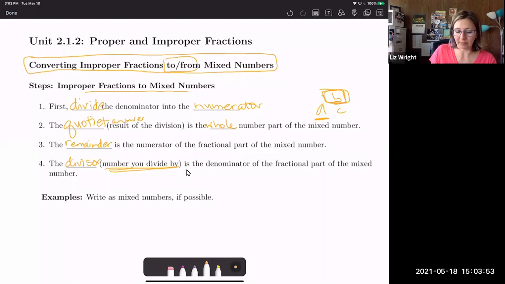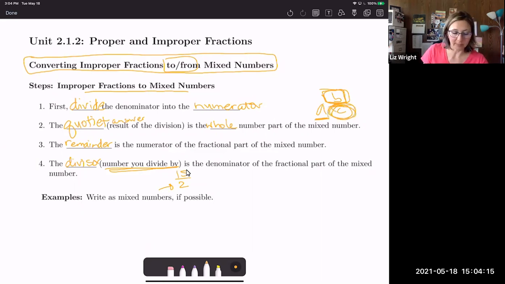So if we were doing something like 15 divided by 2, 2 is going to be your divisor. You're dividing it into 15. So the divisor is the denominator. It's also this piece of the fractional part of your mixed number. So it's C up here.